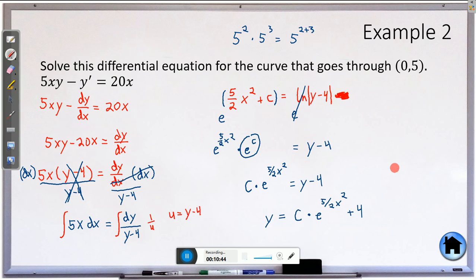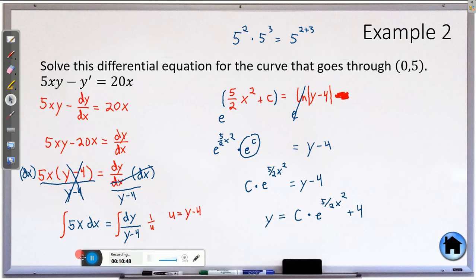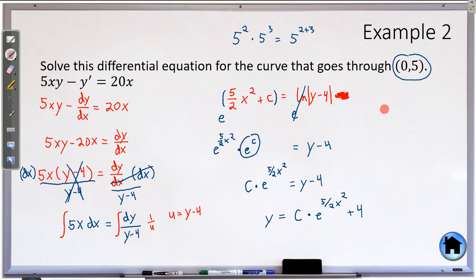All right, and thankfully everything else is pretty darn easy from here actually. Because if we're going to plug in 0 for x and 5 for y, 0 for x cancels out everything up here to be 0. E to the 0 is 1.